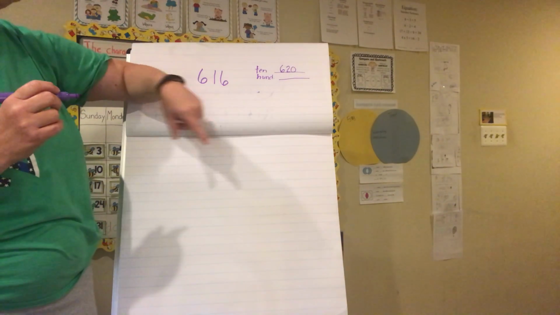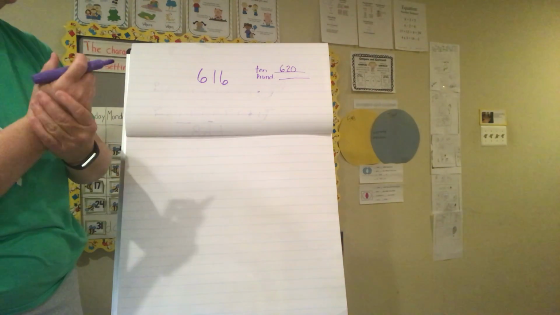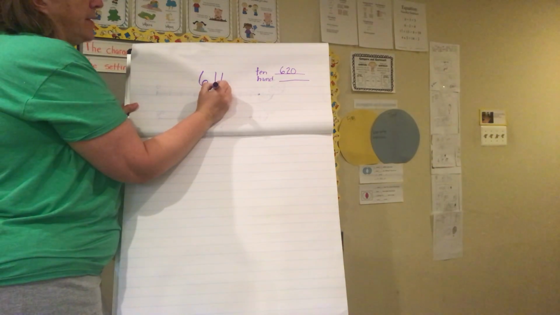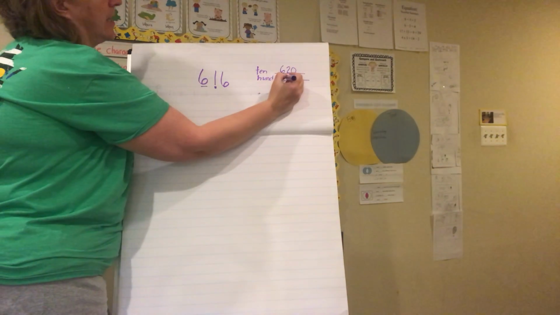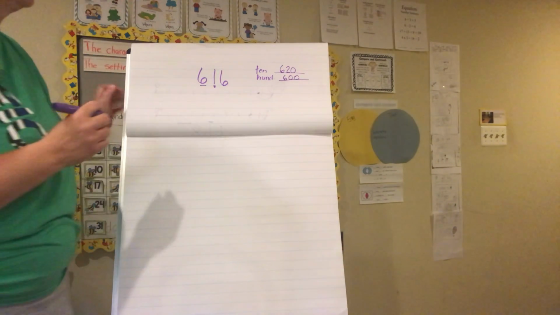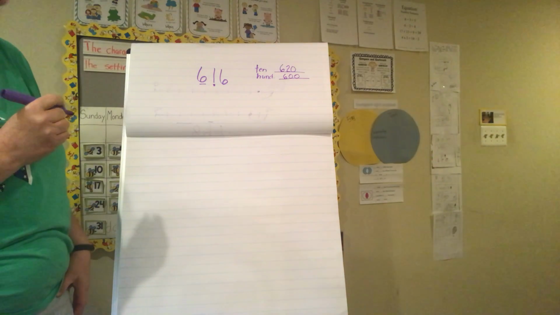If I'm rounding to the thousands, I need a 0 in the ones place, a 0 in the tens place, and a 0 in the hundreds place. Rounding to the hundreds place, the 1 in the tens place tells me to stay low. So I'm going to stay low. 616 is closer to 600 than 700.